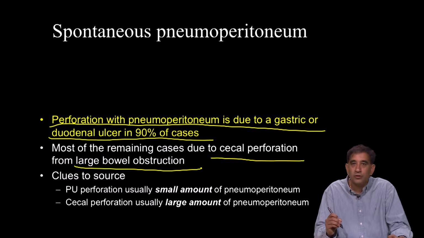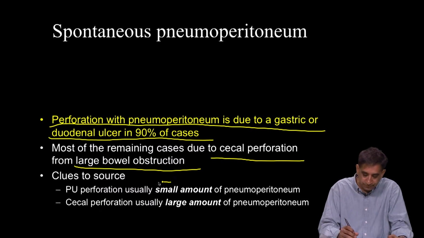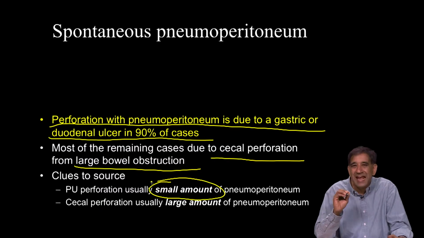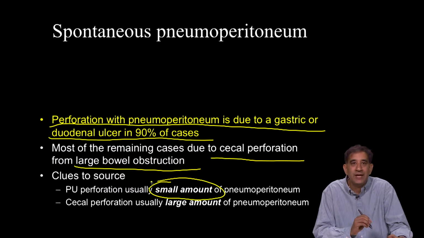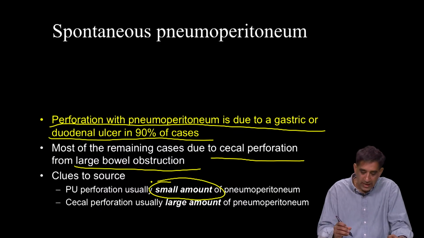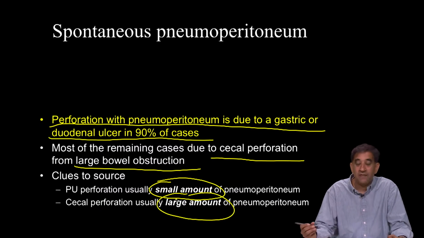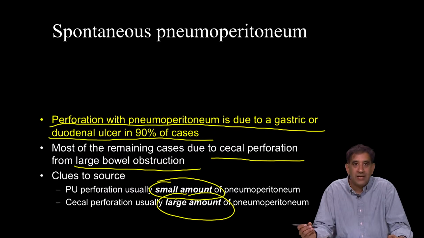And there are 2 clues to whether it's a gastric or duodenal ulcer or the cecum, and that is the amount of pneumoperitoneum. If you have a very scant or small amount of pneumoperitoneum, usually think about peptic ulcer disease or gastric ulcer. If you have a large amount of air seen on X-ray, then we think about things like cecal perforation.